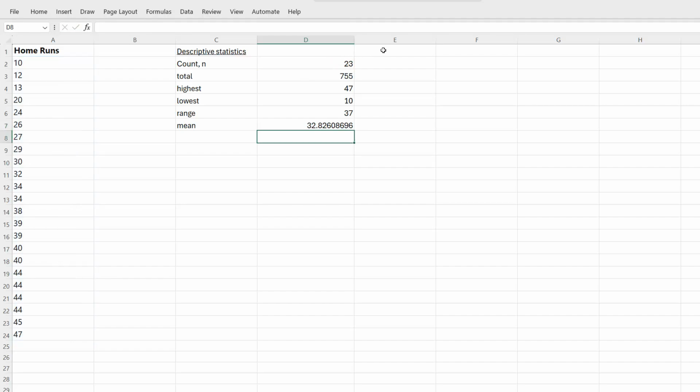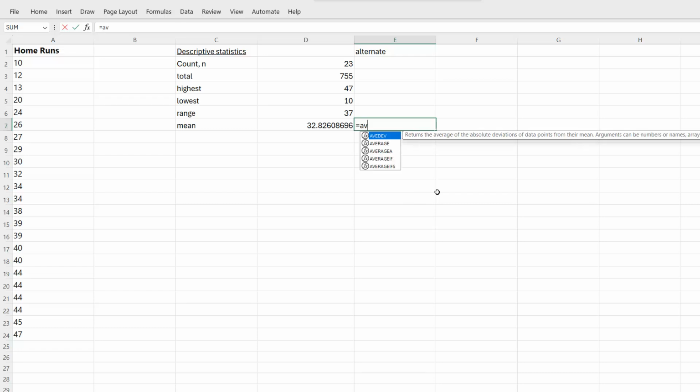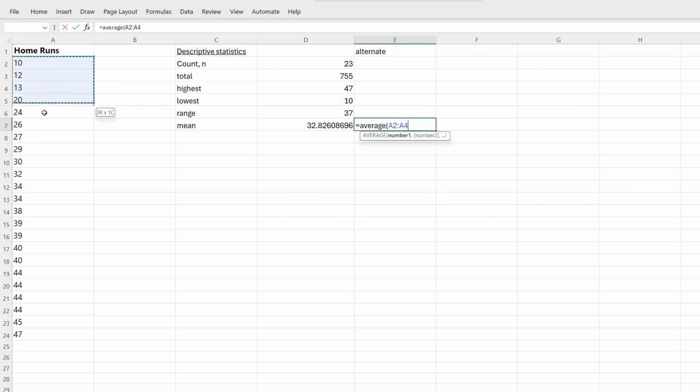Now there's also a function in Excel that'll give you the same number. I remember this one. It's called average. So this is another way to do it. If you remember this, it's faster. It should give us exactly the same number as when we did it manually.